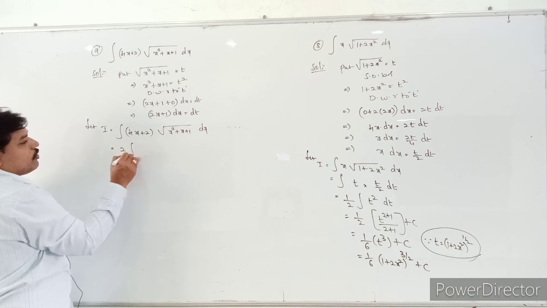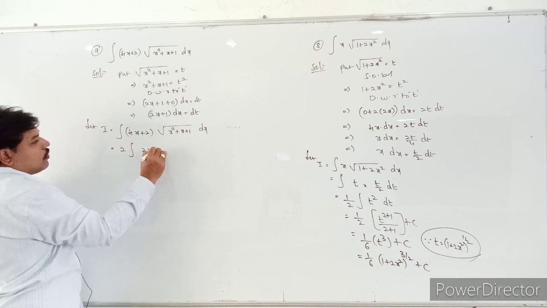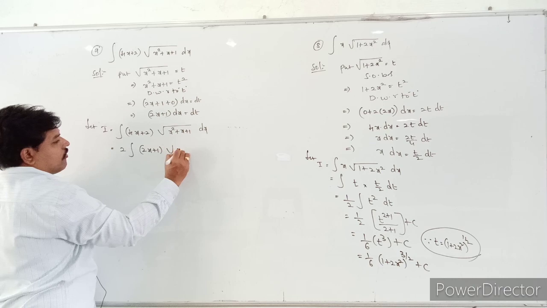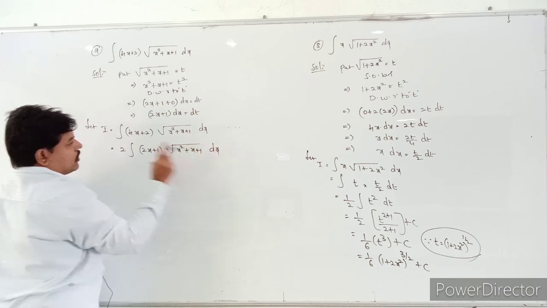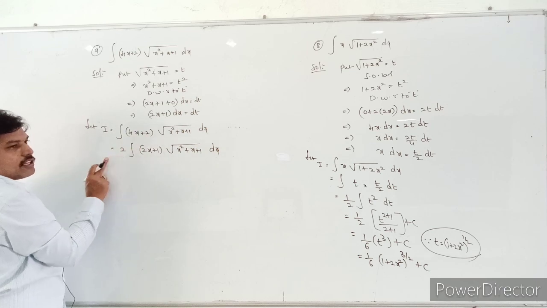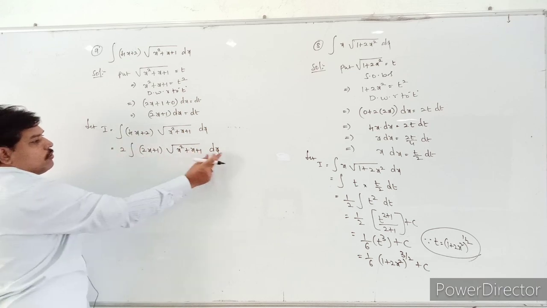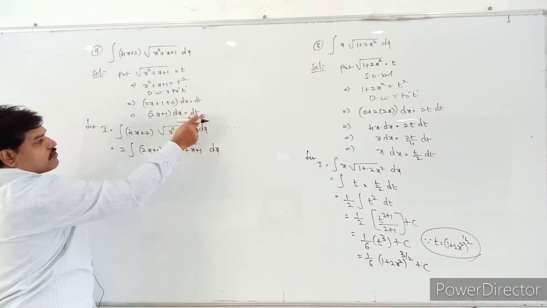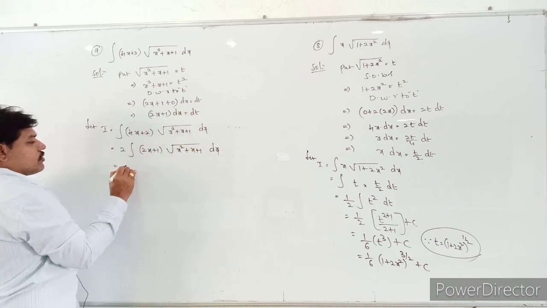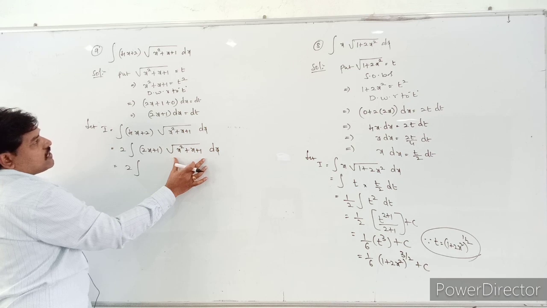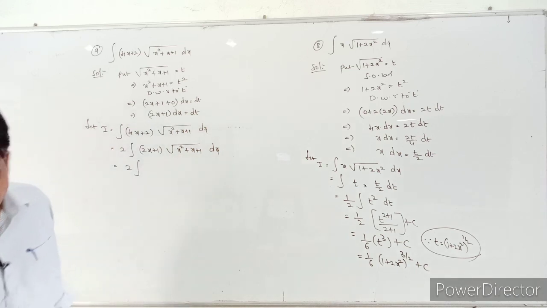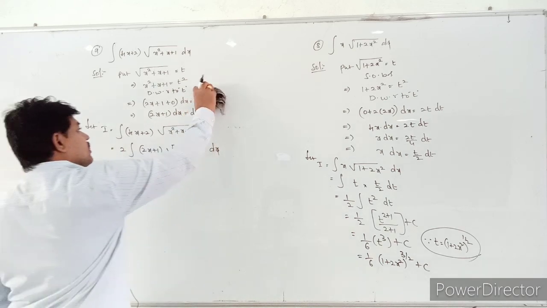So it will become 2 into integral of 2x plus 1 into root of x square plus x plus 1 into dx. 2x plus 1 into dx value is dt. So what happens, students? 2 into integral of root of x square plus x plus 1. So here I did a small mistake.